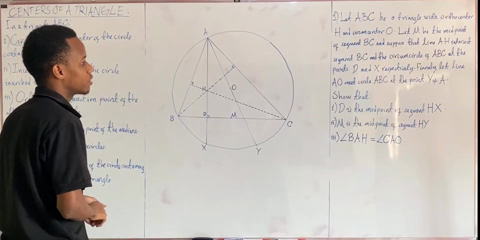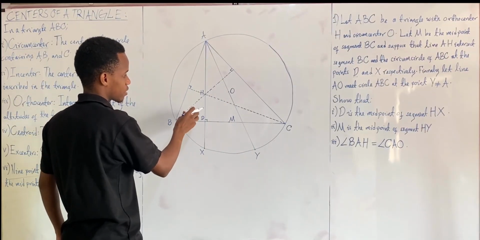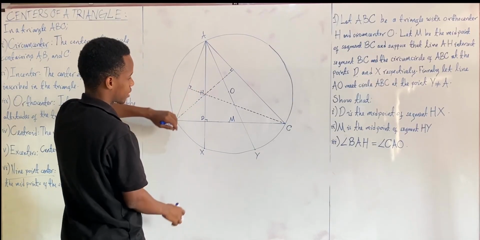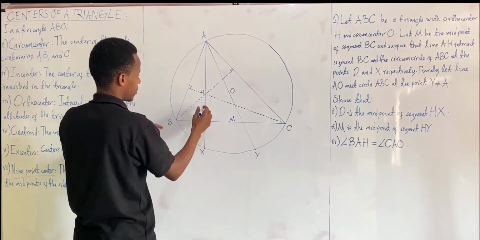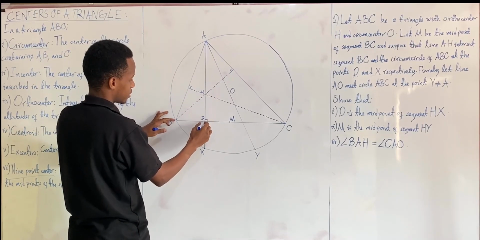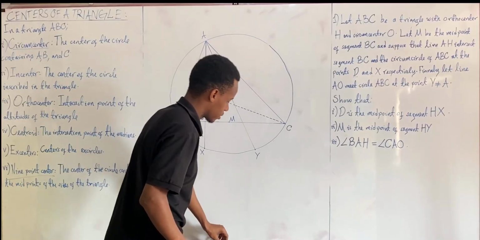So to deal with Roman 1, for the first part, we want to show that D is the midpoint of the segment HX. And so what I will do, I will actually prove that these triangles here, triangle BHD and the triangle BXD, are actually congruent to each other.